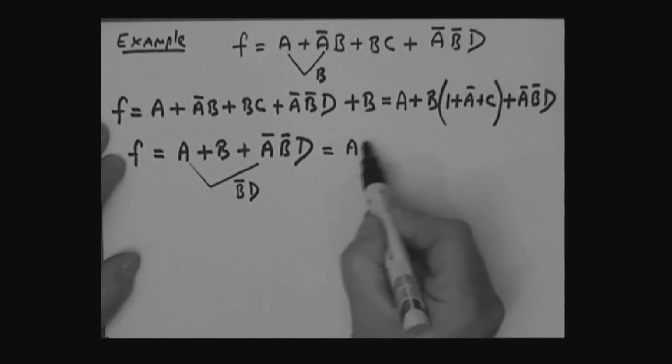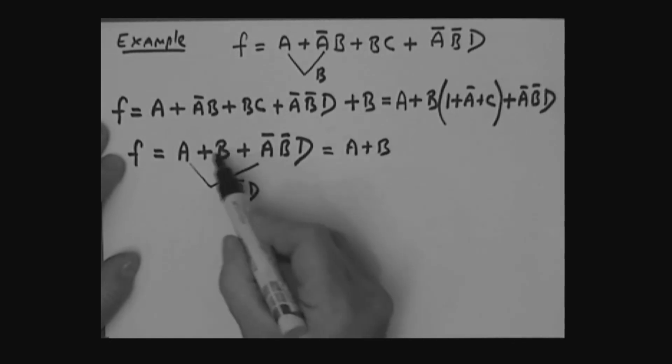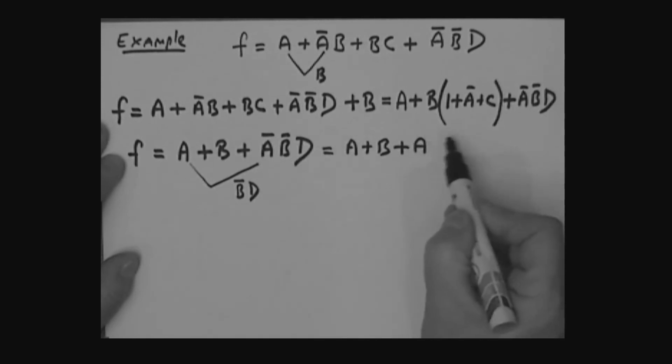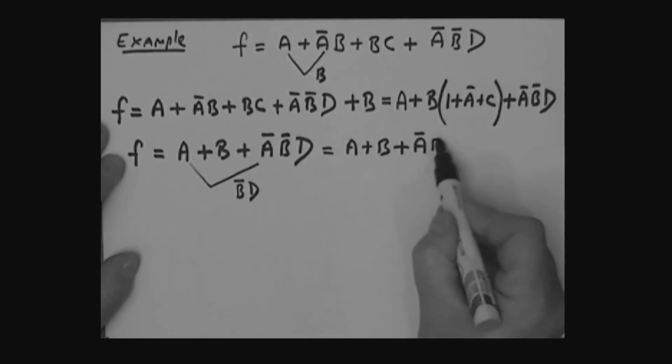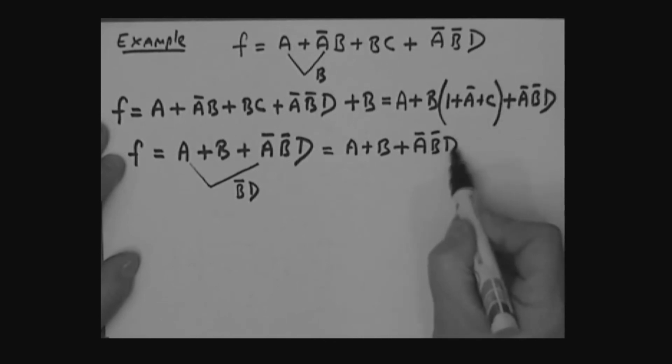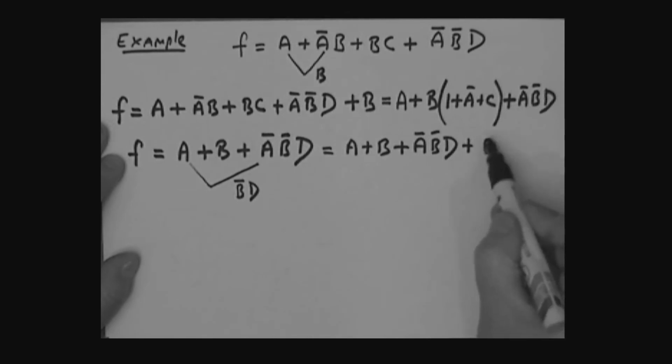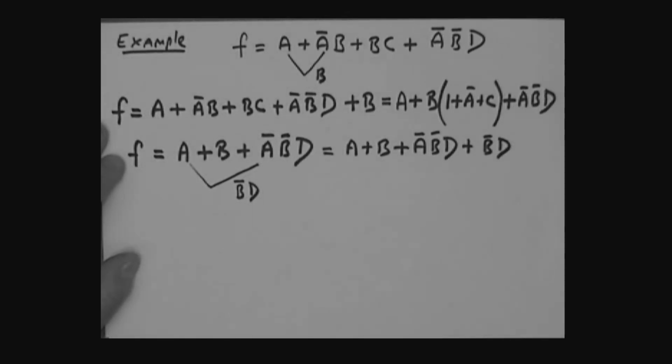That's A or B, that and that, or this term, A bar, B bar, D, and I can add to it the optional product term, B bar D. There's the optional product term added to it.